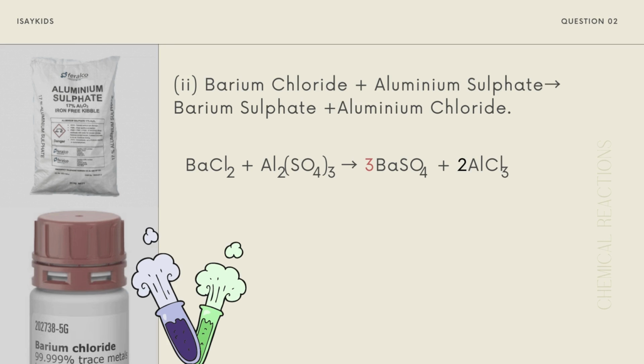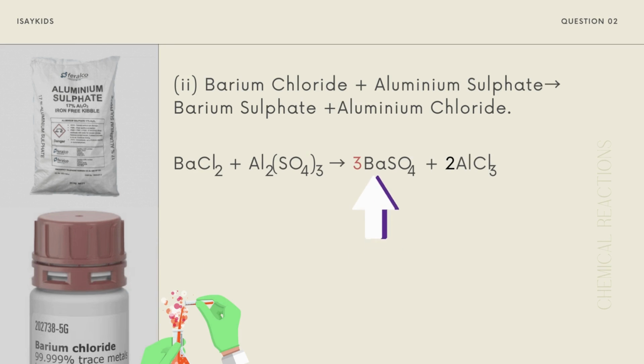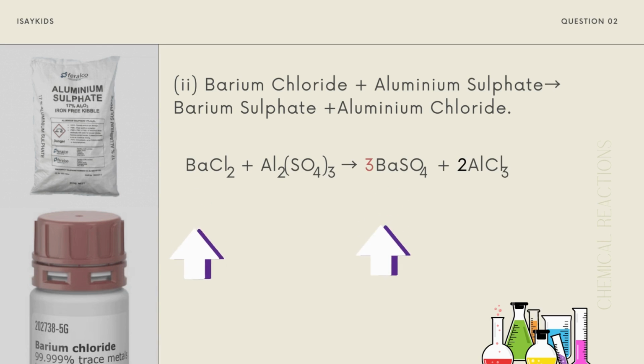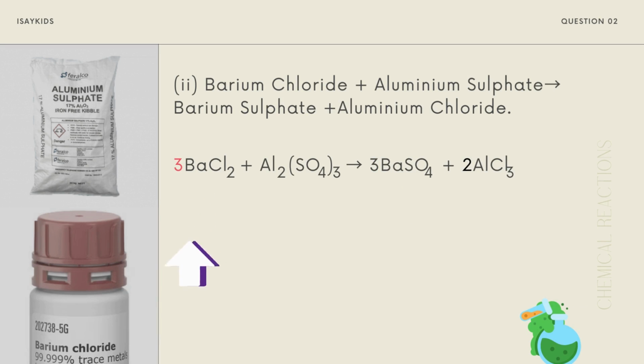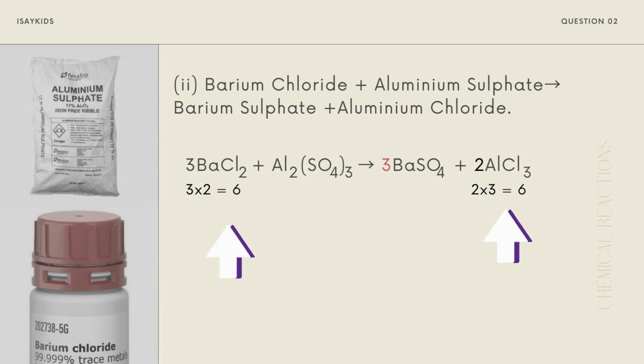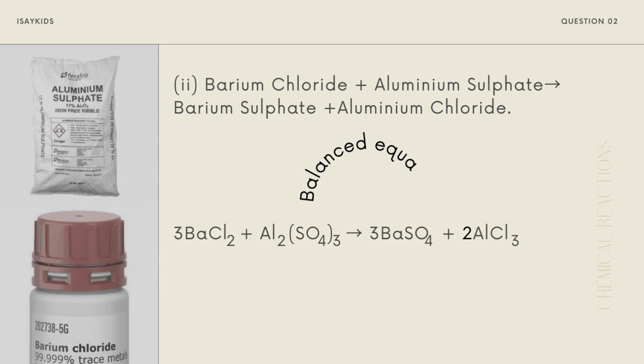Now consider barium. There are 3 atoms on the product side and 1 atom on the reactant side. To balance it, take the coefficient of BaCl2 as 3. The chlorine atoms are also balanced, 6 on each side. Thus, this is the balanced equation.